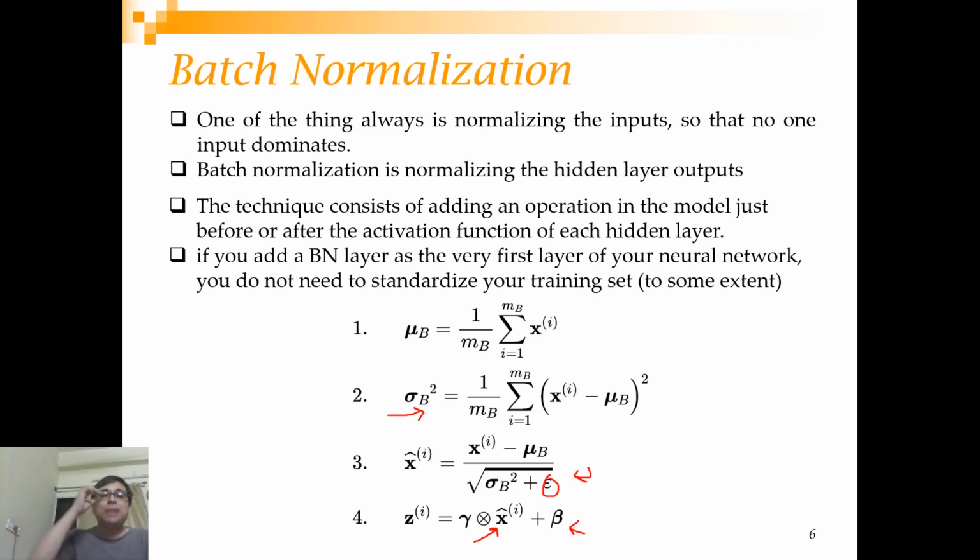Okay, so basically these are two new parameters that can be learned using your backpropagation algorithm, right? So batch normalization does both scaling and shifting, right? We will discuss shortly why this shifting is required.